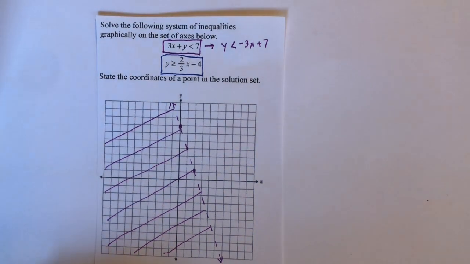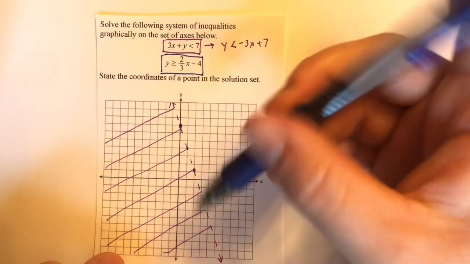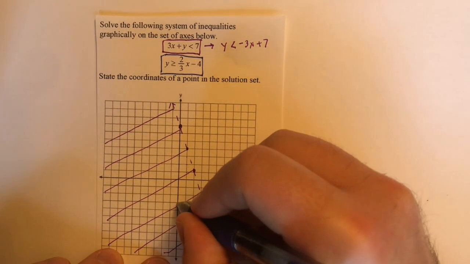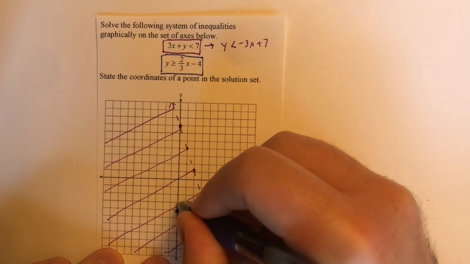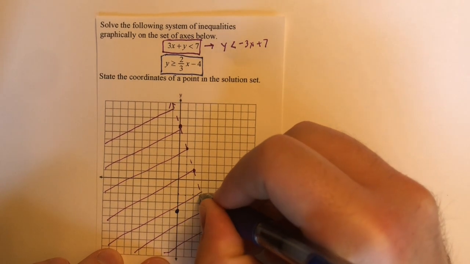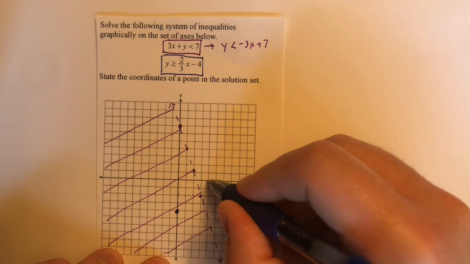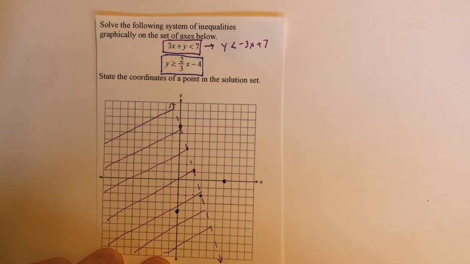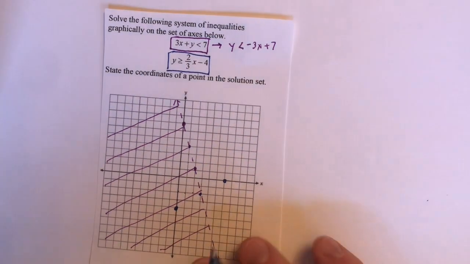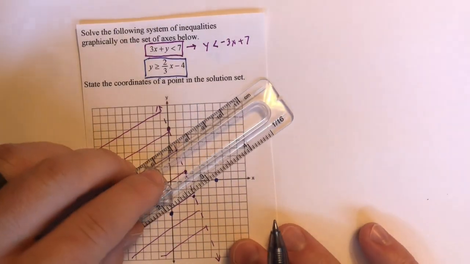Okay, for this next one, start at negative 4, 1, 2, 3, 4. That is our y-intercept. Go up 2 over 1, 2, 3. All right. So this is going to be included because it is equal to.